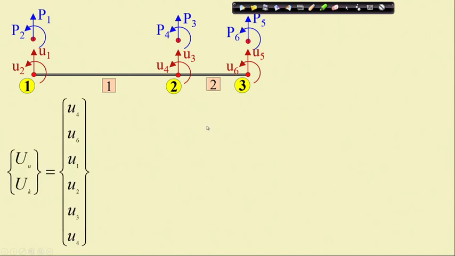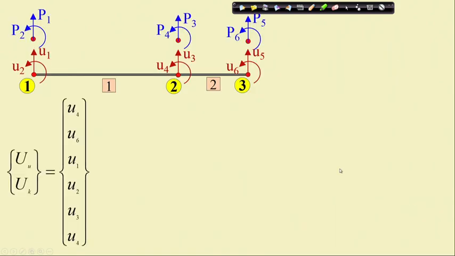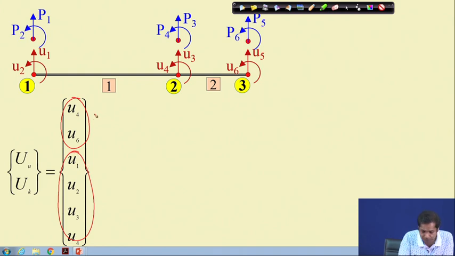Then you see this entire load vector can be rearranged in such a way that all the known displacements are kept one side and all the unknown displacements are kept one side. Suppose this is written as u unknown and this is written as u known displacement.